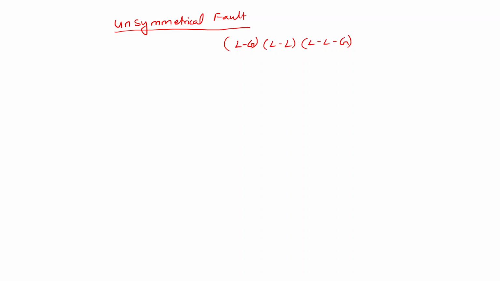For this unsymmetrical fault, we have seen that a set of unbalanced phasors may be represented by a set of symmetrical phasors. So what are those phasors? First one is the positive sequence phasor, and then the negative sequence phasor.